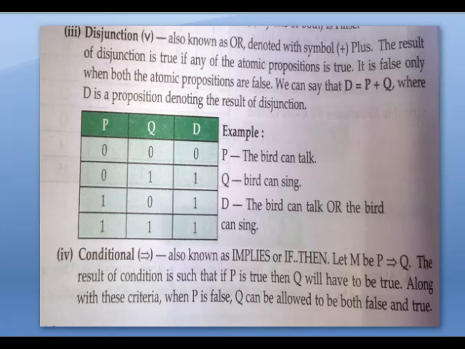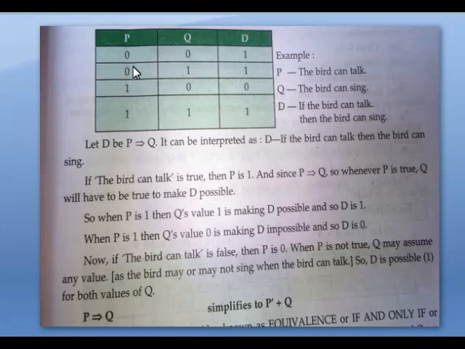Now we are going to see the truth table for the conditional statement. Here we are using the connective if-then, with P and Q. If both P and Q are 0, the output is 1.